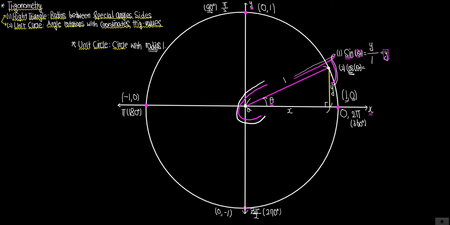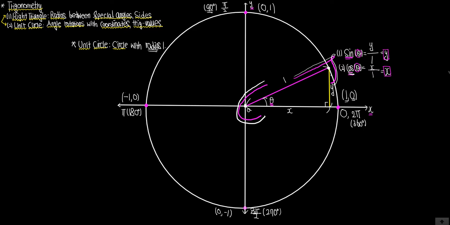So again, if you're defining it in terms of the fraction, we start off the hypotenuse, which is 1, and we finish at the value x, which is the adjacent side of our main angle. That will give us the value of x. That means inside our unit circle, the cosine of our main angle theta will be the x value.